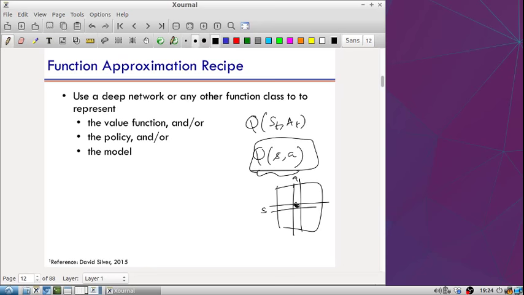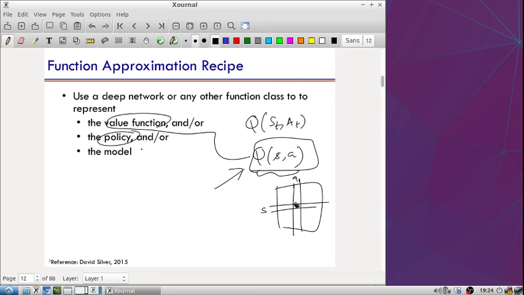If we think of this as a function, we can approximate it by any type of function. In particular, we're going to approximate it using a deep network.